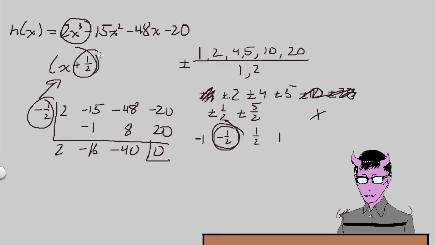We divide by x power 1. So by exponential rule, 3 minus 1 is 2. So 2 is the coefficient for x squared, and then -16 is the coefficient for just x. And -40 is the coefficient for x power 0. And remember, x power 0 is just 1.